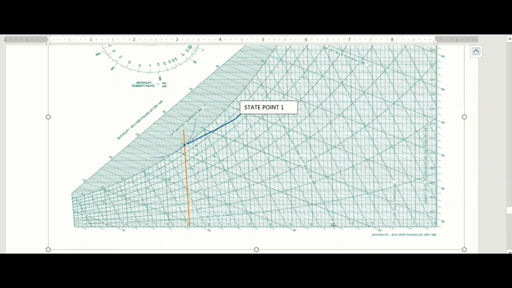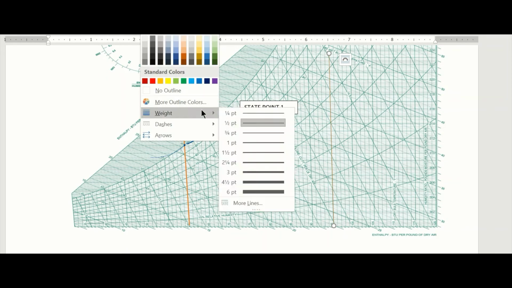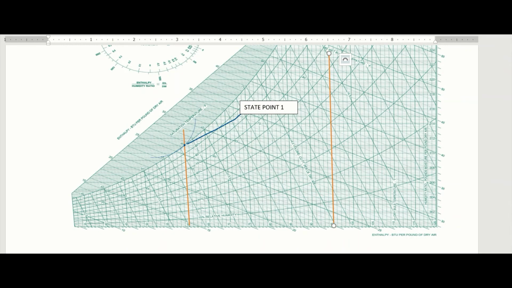I will draw a straight line at 95, make it visible, good. So from state point 1, it leaves the system at 95.